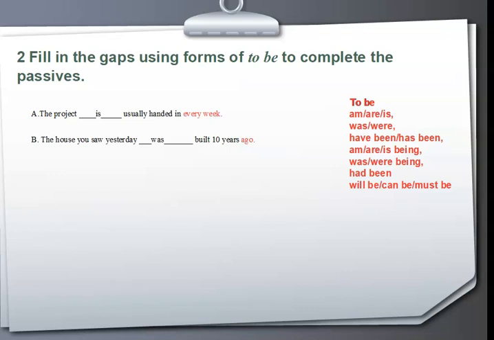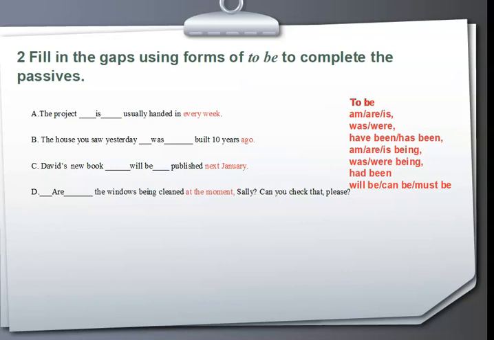Okay, 10 years ago helps us to decide that this sentence needs the past simple form of the verb to be, was. David's new book will be published next January. Next January tells us the time. Time reference is future, so will be published.